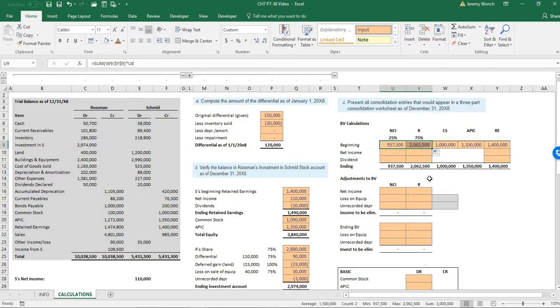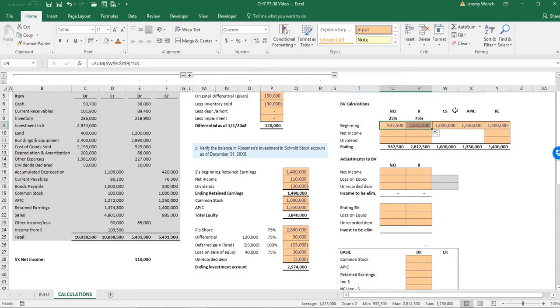And then we need to lock all the cells. There we go. That's better. Okay. And so that's the beginning equity.